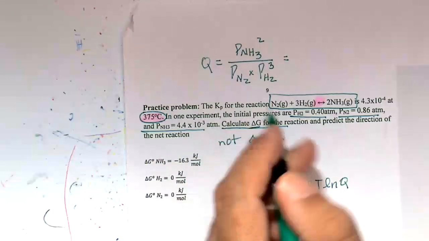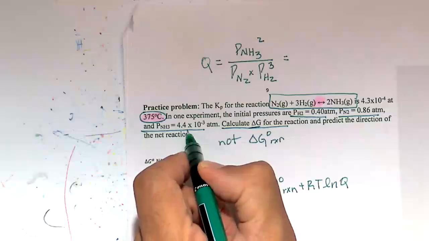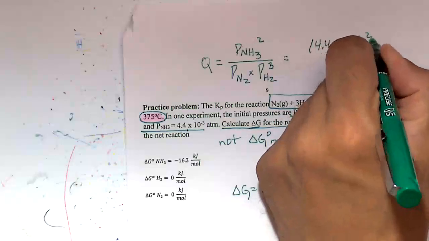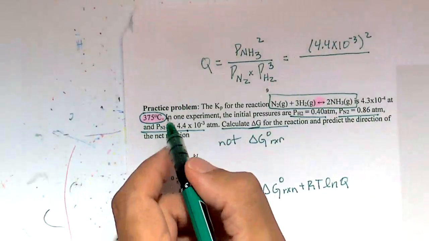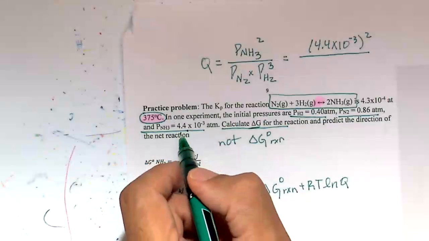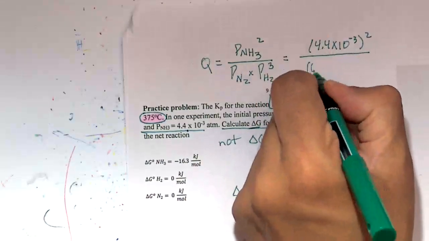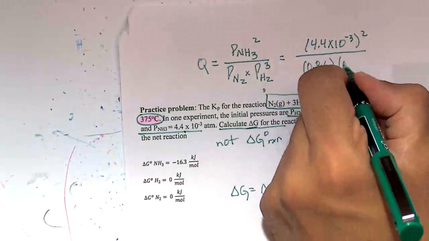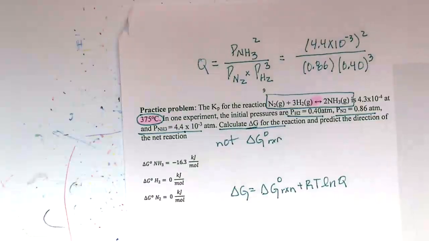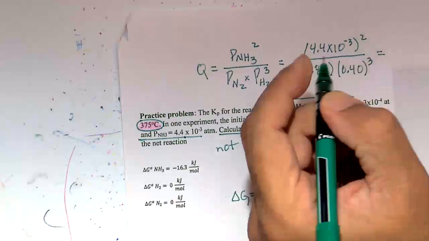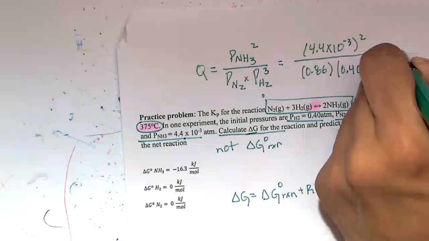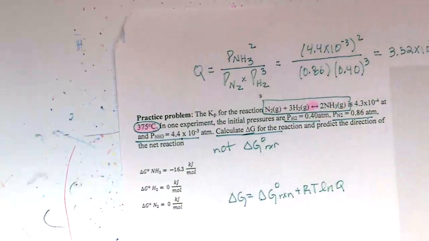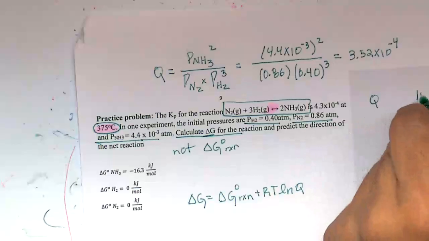The pressure of NH3 squared is 4.4 times 10 to the minus 3 atmospheres, divided by the pressure of N2, 0.86, times the pressure of H2, 0.4, which we will cube. When I do this on my calculator, just to save some time, I got 3.52 times 10 to the minus 4. So this will be our Q.